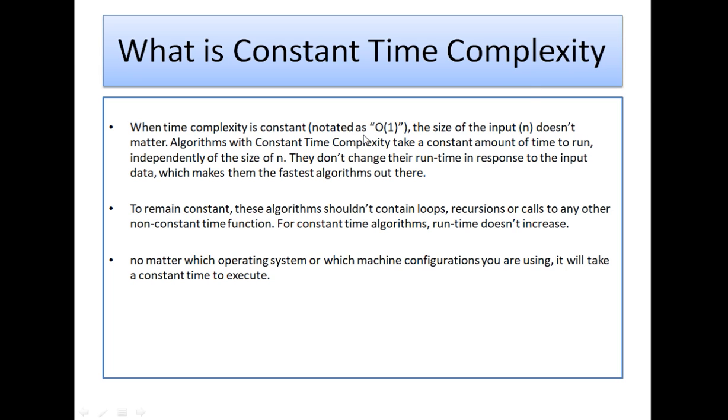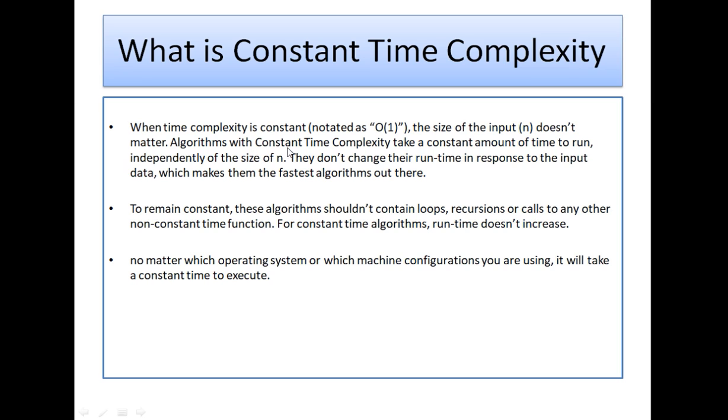As per this notation, you can clearly understand that constant time complexity does not depend on the size of the input. It will directly execute only one time. Whatever input you give doesn't matter, it will go and execute that operation only once.